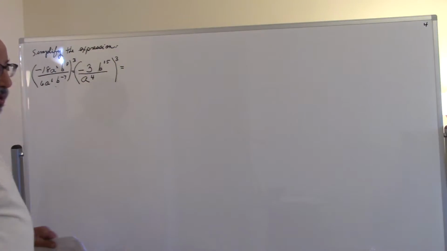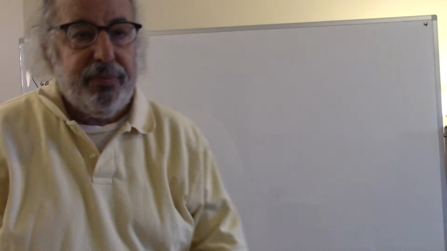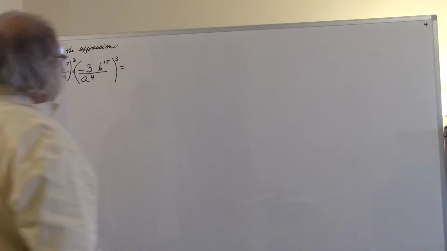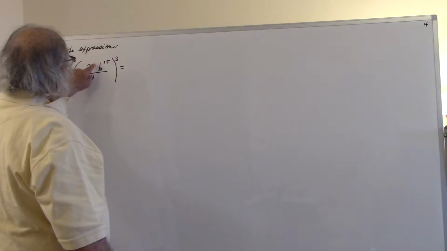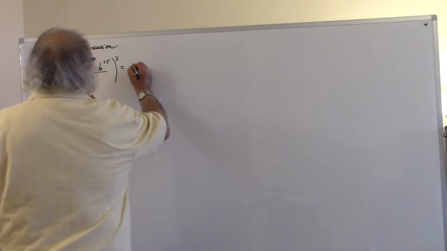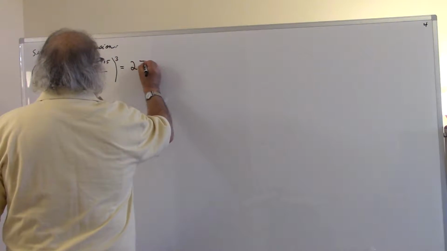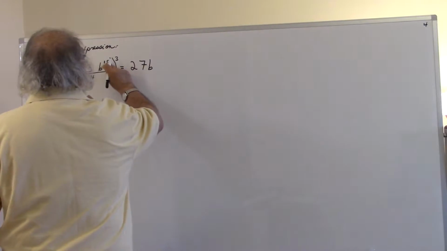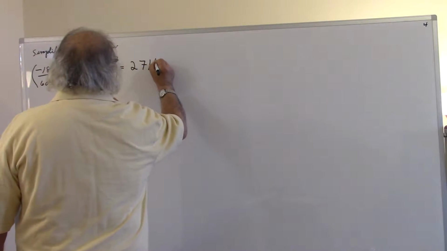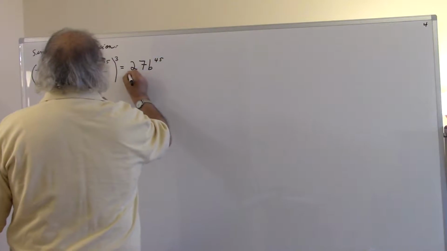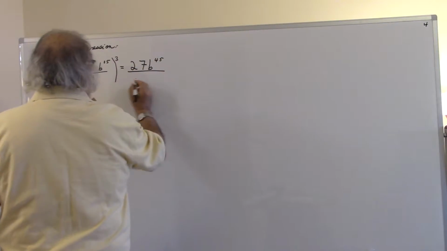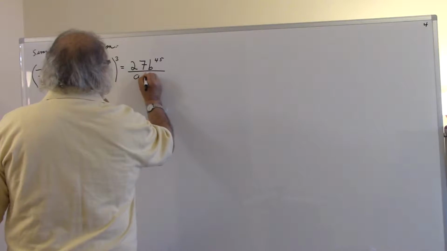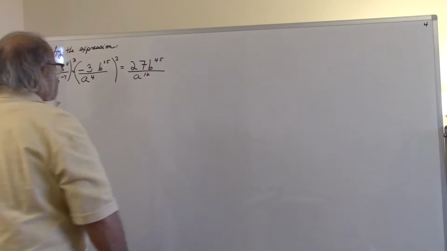So now what you got to do is raise the 3 to the 3rd power. That becomes 27. B, 15 times 3 is 45. A to the 12th. And that's your answer.